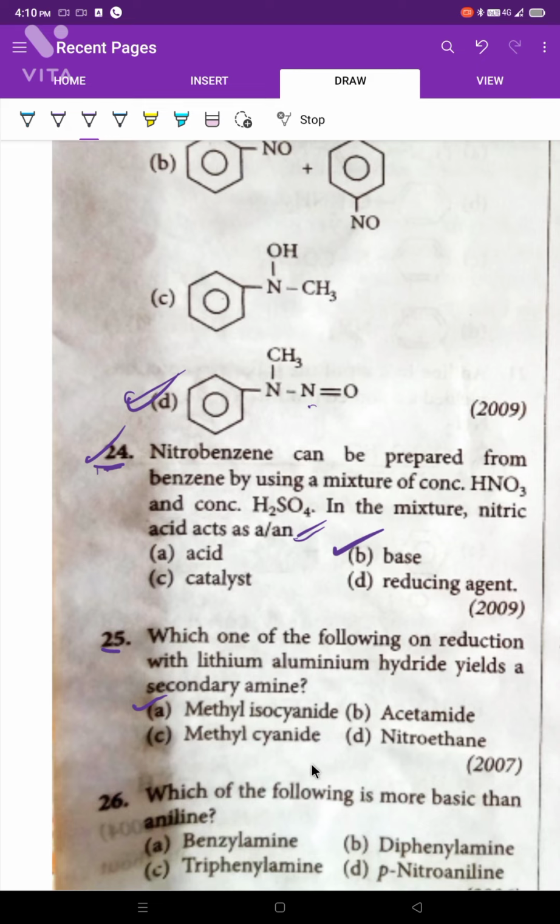For example, methyl isocyanide on reduction gives a secondary amine. Straight away you may write like that: all secondary amines come from isocyanide reduction.